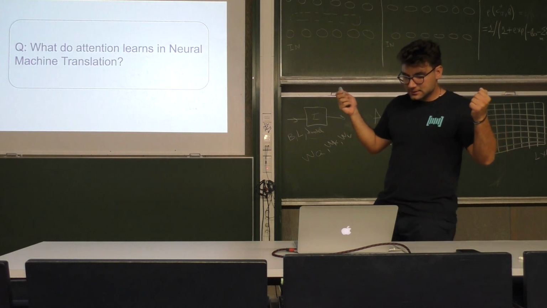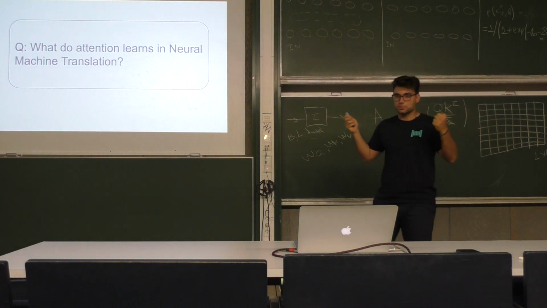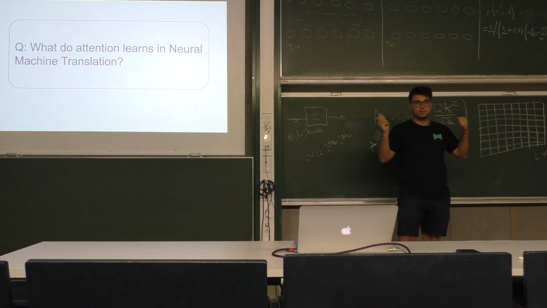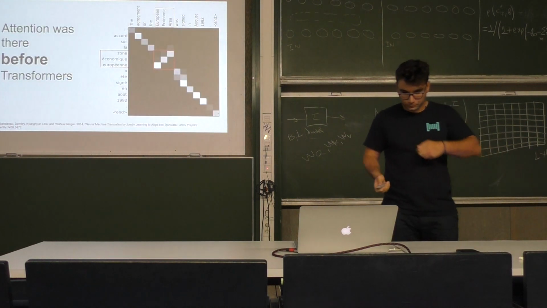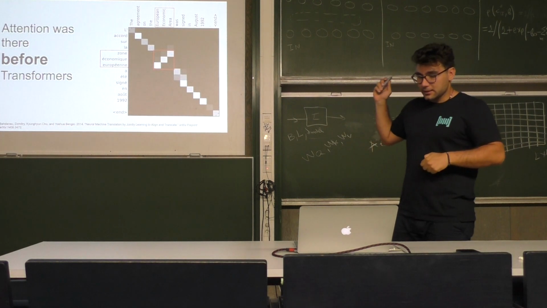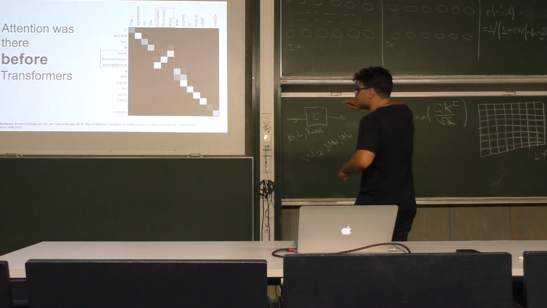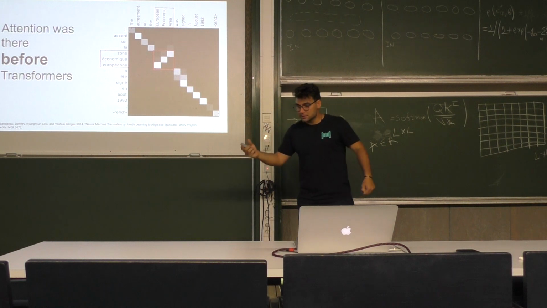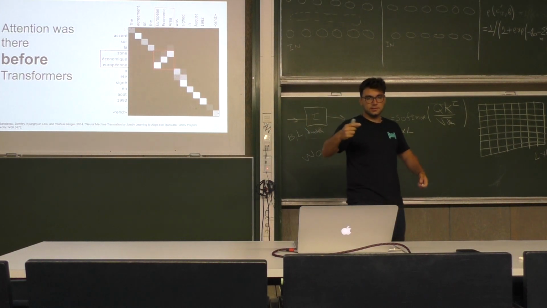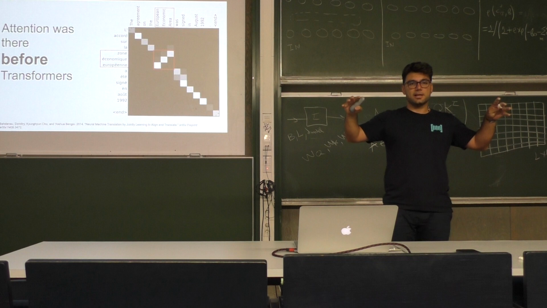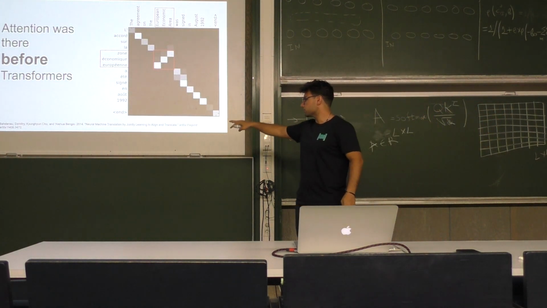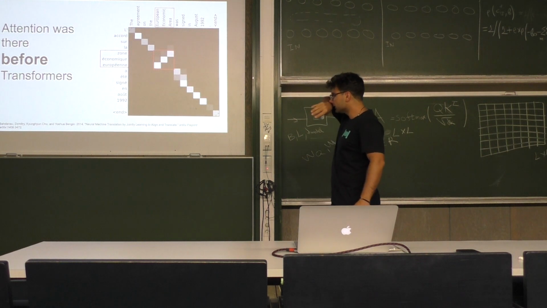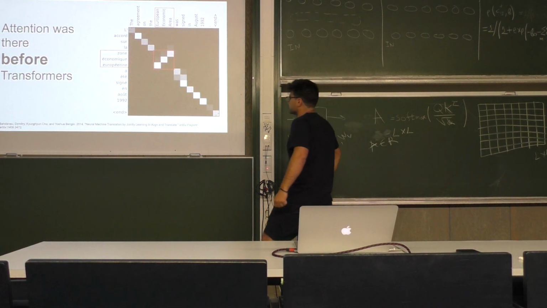So let's take a look at what these attention maps look like in natural language, and specifically for language translation. One small detour is that this idea of fast weights and attending to all the elements of the sequence was already popular and quite effective from 2014, from this team, for language translation.